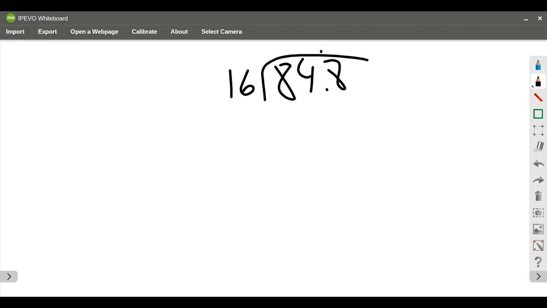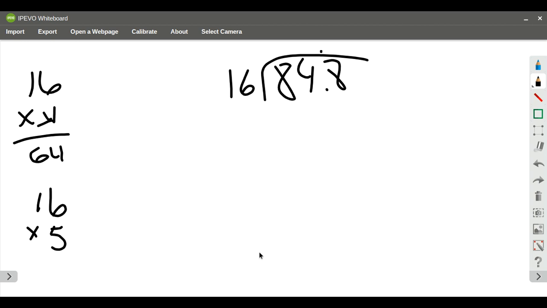Well, I know that 16 times 4 is equal to 64, so I'm going to see what 16 times 5 is. 6 times 5 is 30, and then I regroup the 3. 5 times 1 is 5, plus 3 is 8, so 80. So 16 is going to go into 84 5 times. 16 times 5 is 80. I write that underneath and subtract. I have 4.